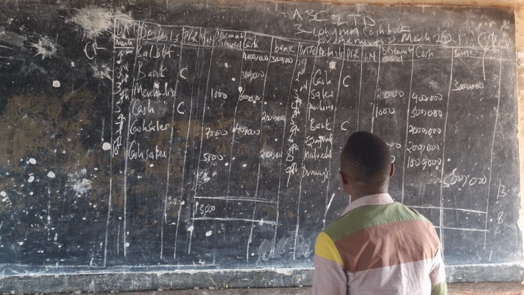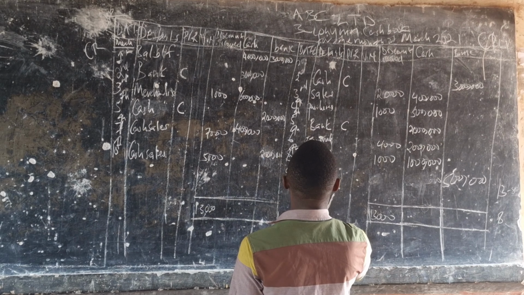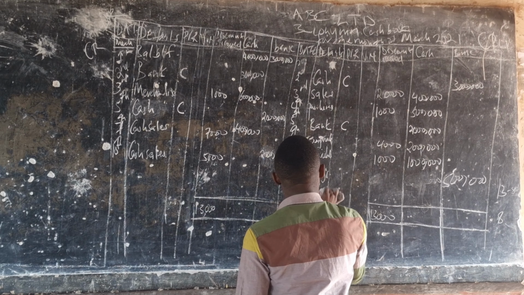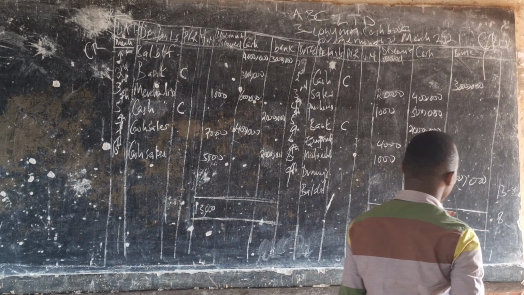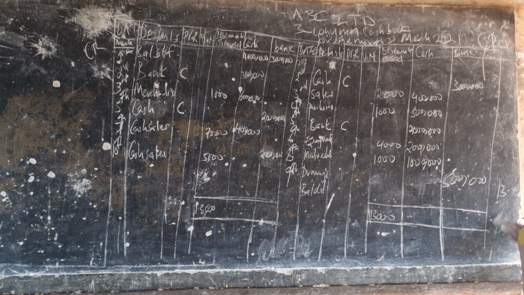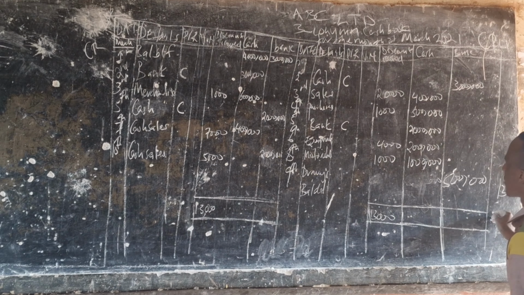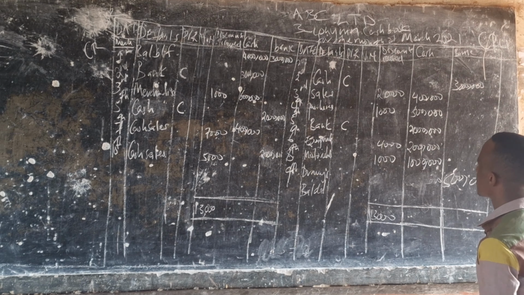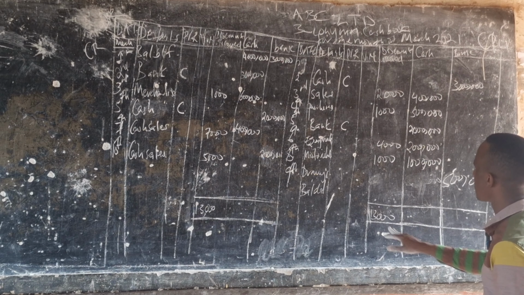Last, remember, we have our balance carried down. 13 minus 8, that is 5,000. But let me check and see. This was 8, 13. The difference was, let me see, 13.